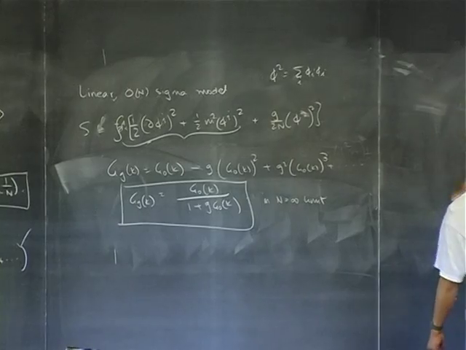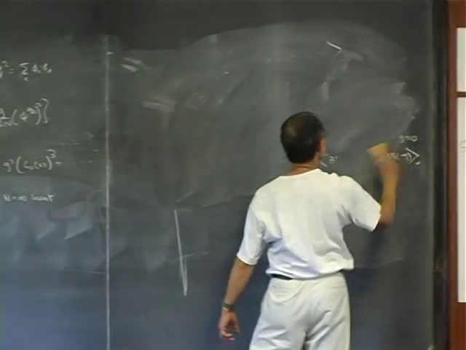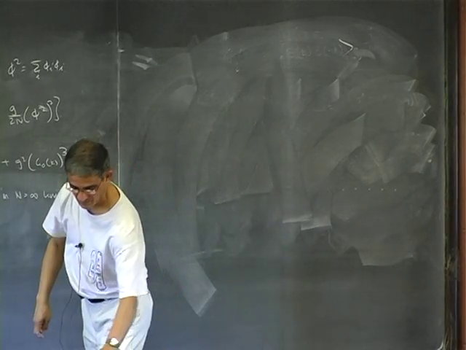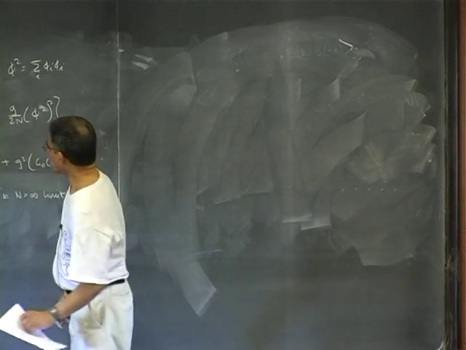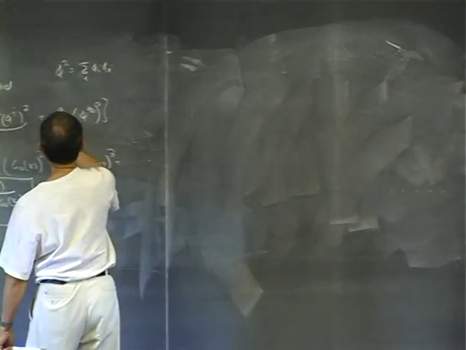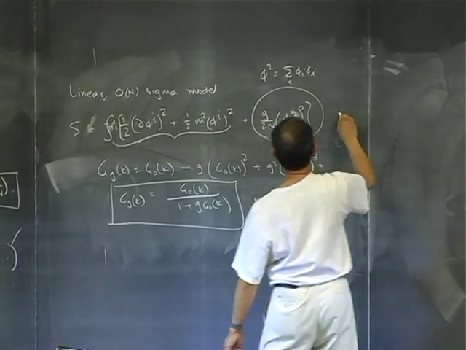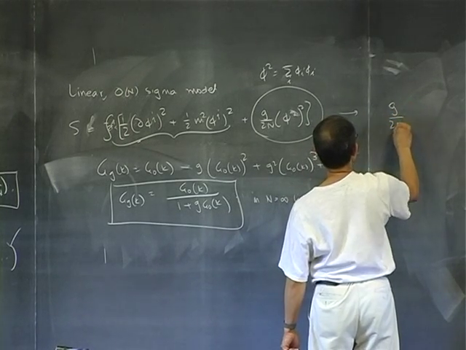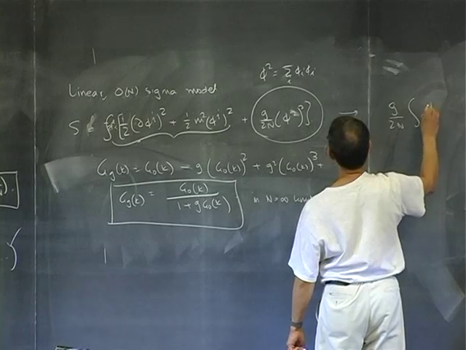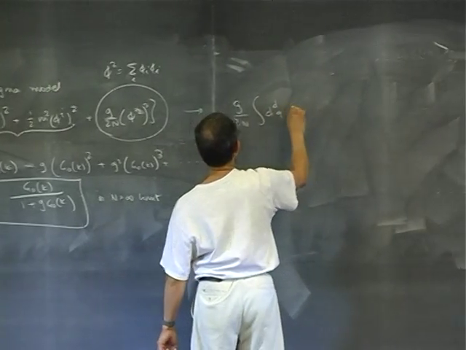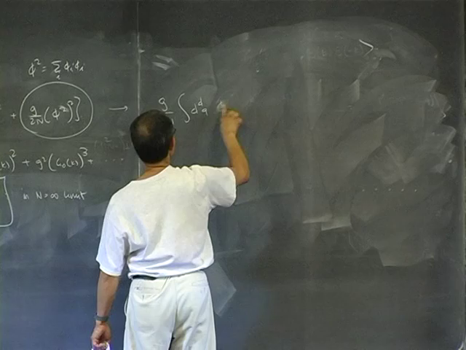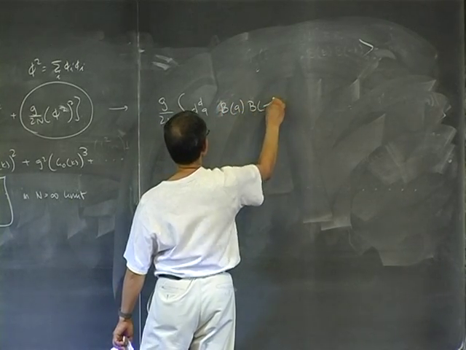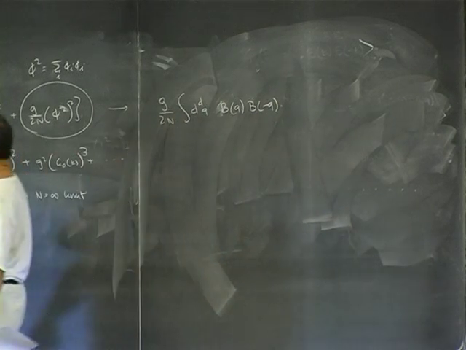Now, what this immediately tells you, if you look at this term here, that term was g upon 2n integral ddq b of q b of minus q, right.